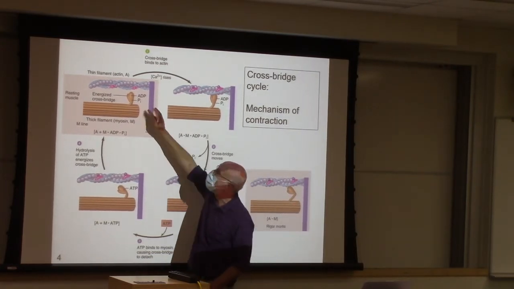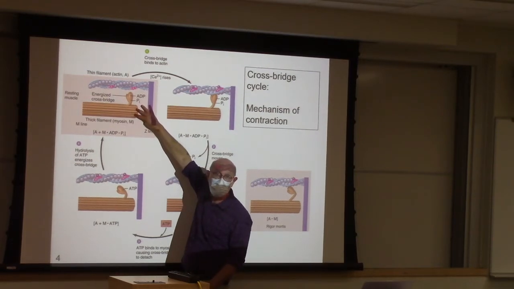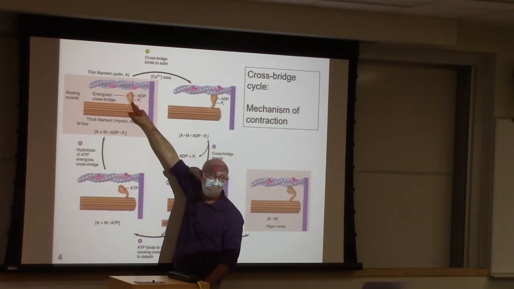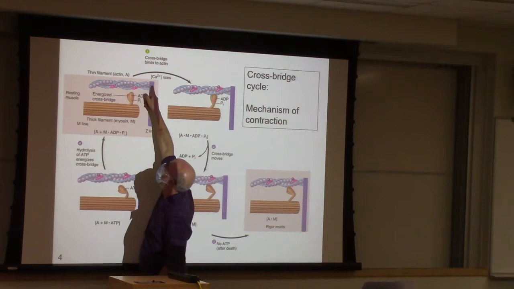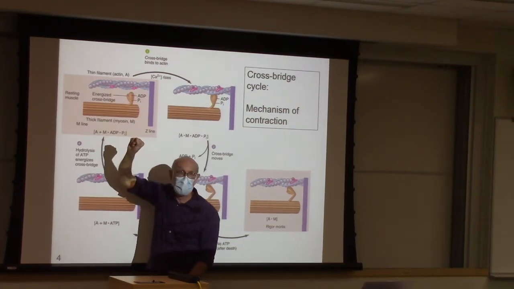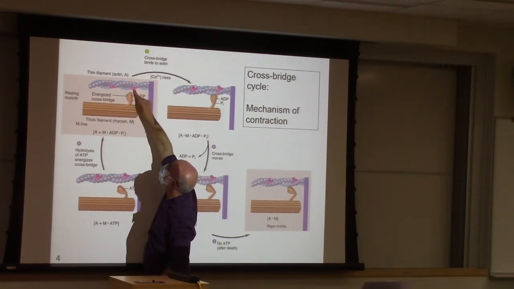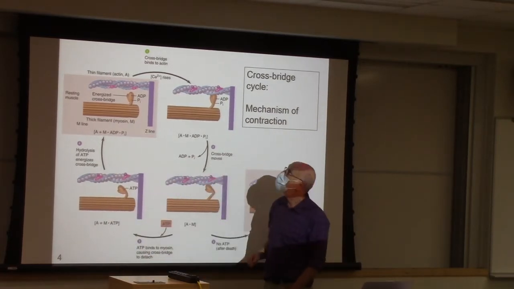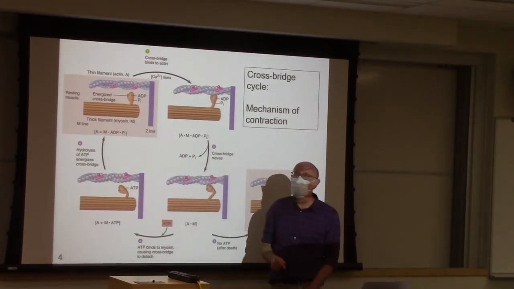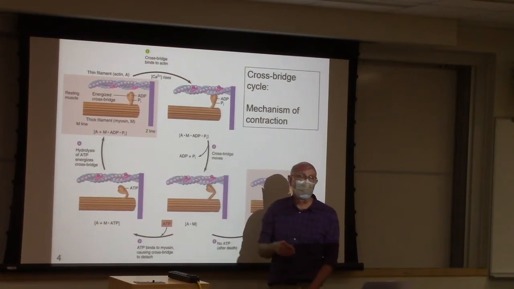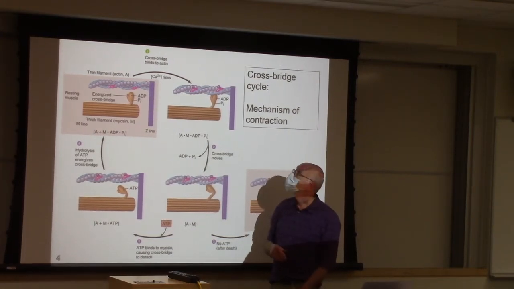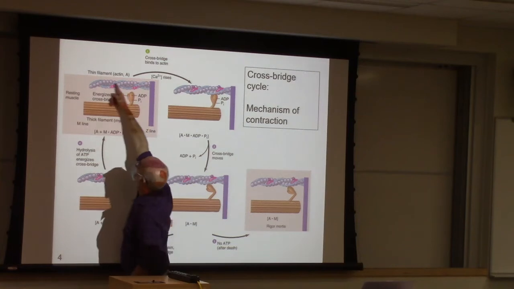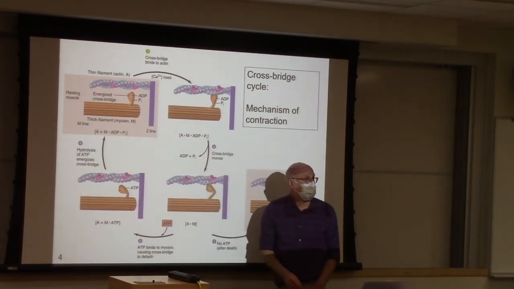Let's get oriented. Myosin, thick filament with the head groups. Actin, thin filament with troponin and tropomyosin. Troponin is the pink blobs and tropomyosin are the blue ropes. And actin are the gray spheres.